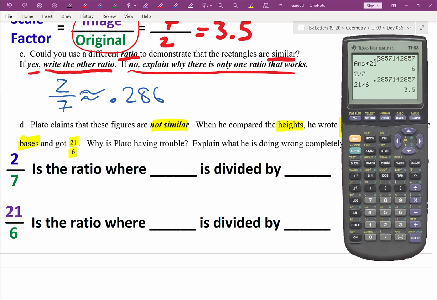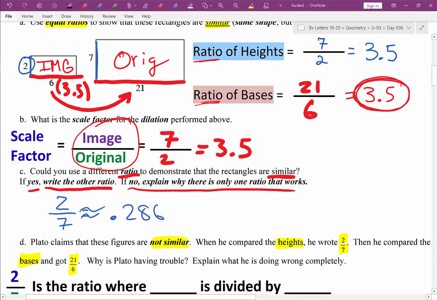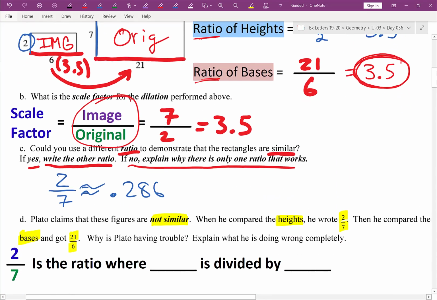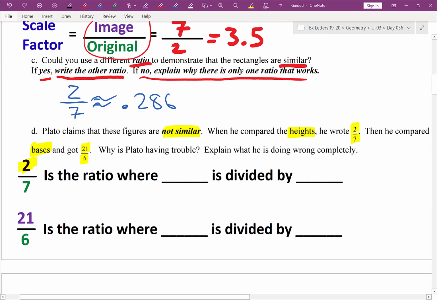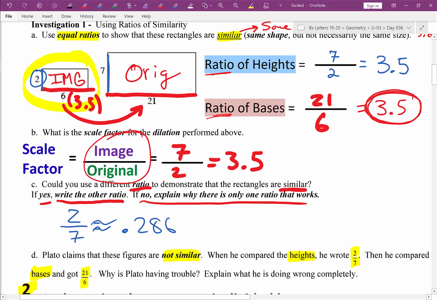In one case, he's using the small one as the image, right? He has that on top. In the other case, he's using the big one as the image. He's swapped these ratios. So if we go back to our figures, the big one's going to be the image and the little one's going to be the original.